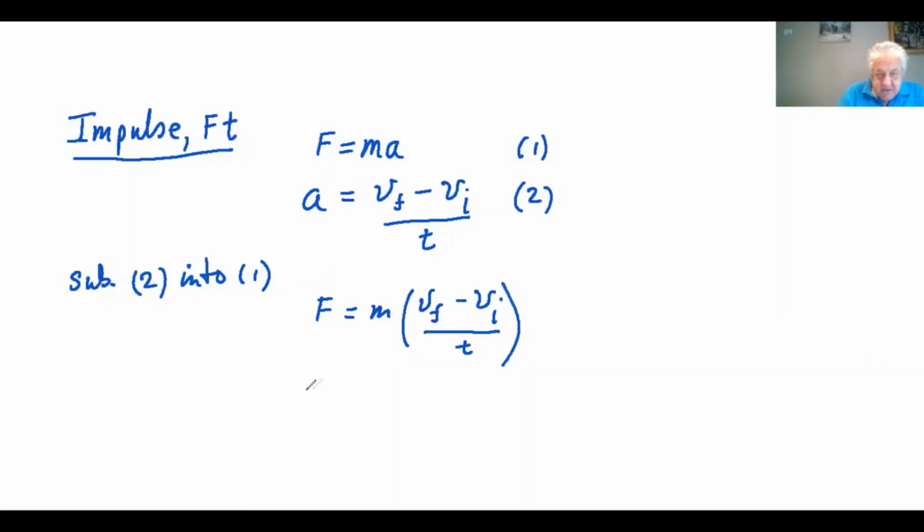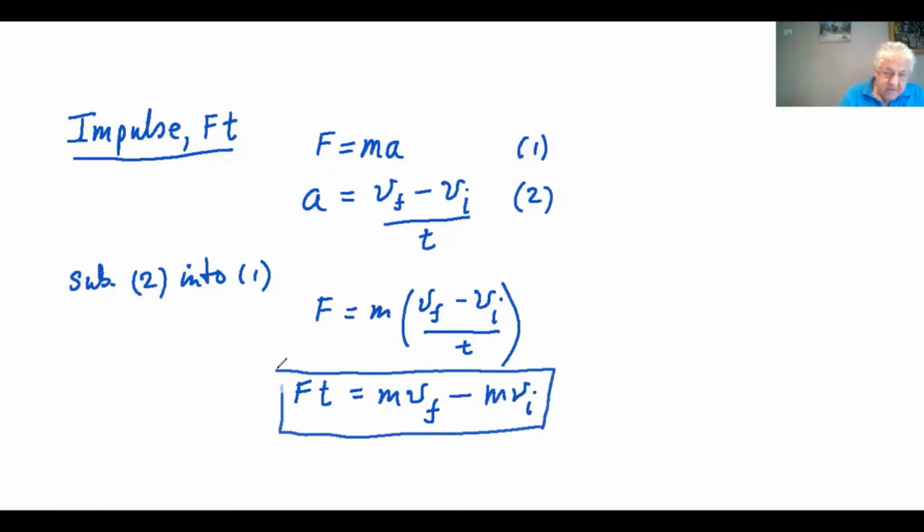Take time across the equal sign, so it's Ft, expand the brackets, mvf minus mvi. So this then is my important formula for the impulse. Force multiplied by time is equal to the final momentum minus the initial momentum. Okay, let's go back to the notes.